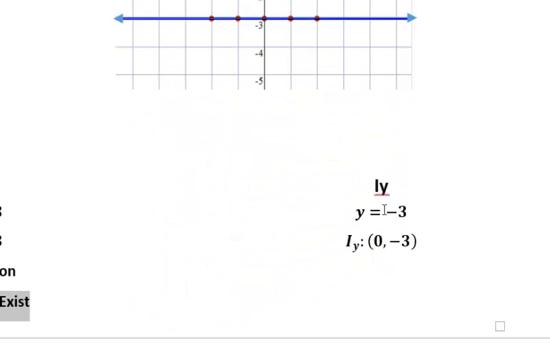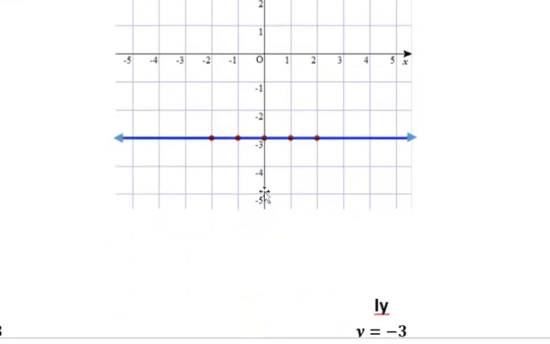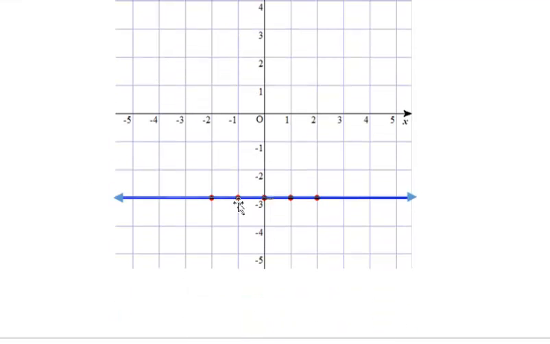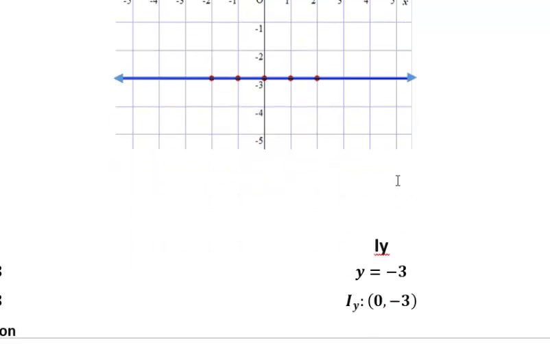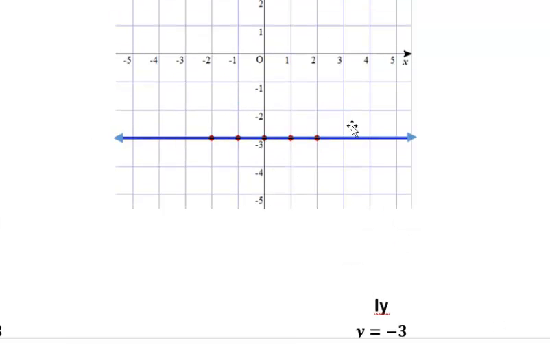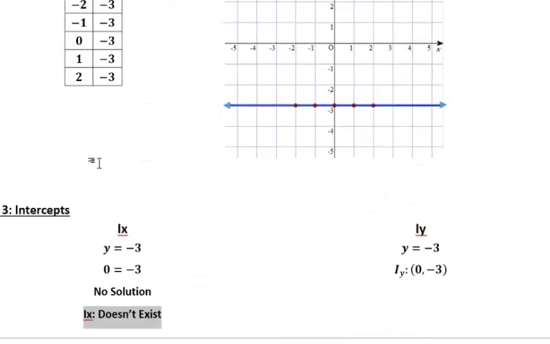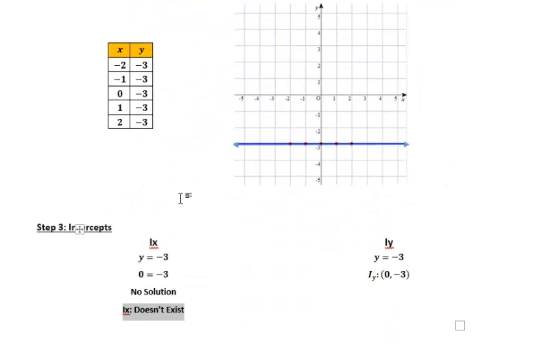Now the y-intercept is related to the y-axis, the vertical line. If you see, the drawing is crossing exactly on (0, -3). So that's the y-intercept, the point where the drawing crosses the y-axis. If you see that the drawing actually crosses in there, then you know you're doing things okay.